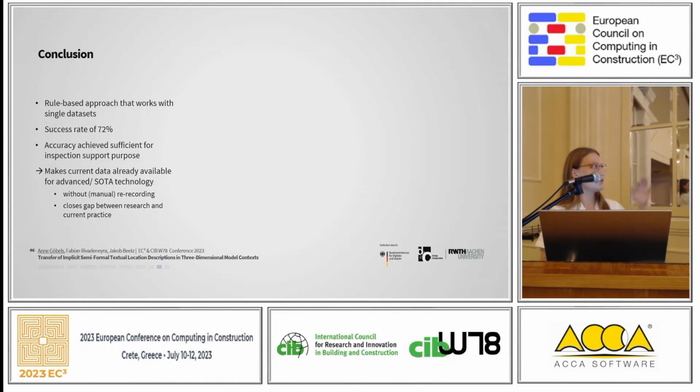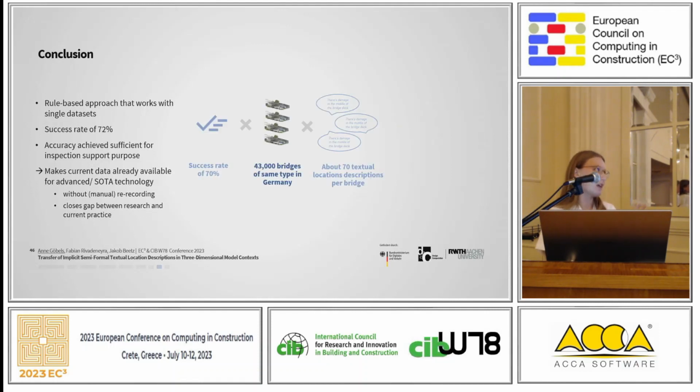So we really used the data which is out there in practice, and we don't have to rely on artificial data sets. We don't have to wait until the government or someone is creating modern databases that can be accessed via an API or have a more object-oriented structure. We can already use that with our approach.